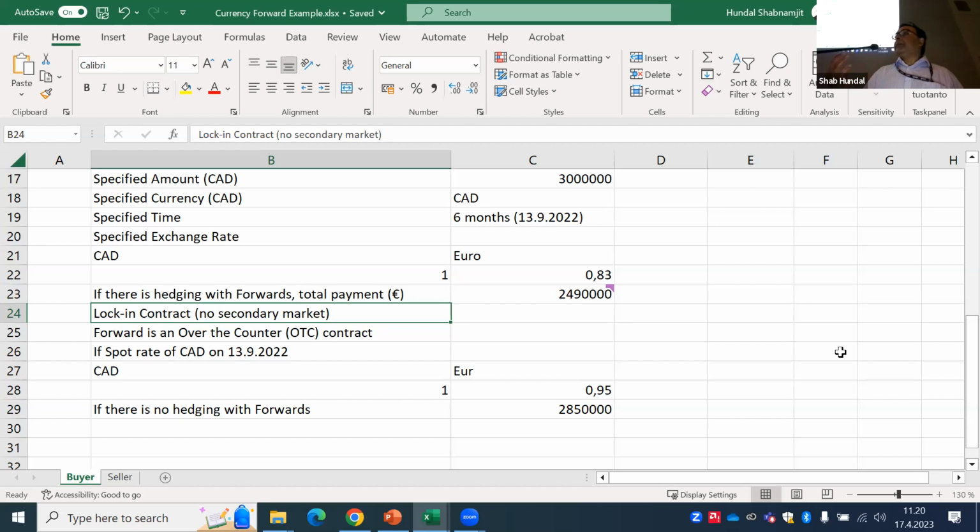That's why I'm saying that you can't do it. I think I didn't explain it well. You cannot do it. There's a primary market and there is a secondary market. In the forward contract, I canceled my contract with Australia, but I'm going to receive that money from the bank.